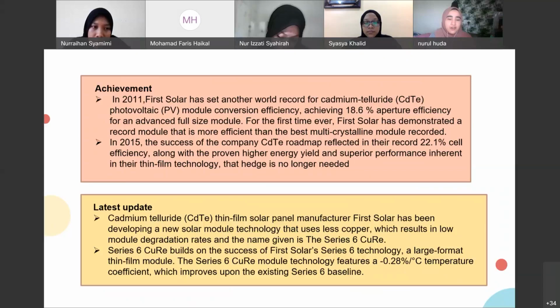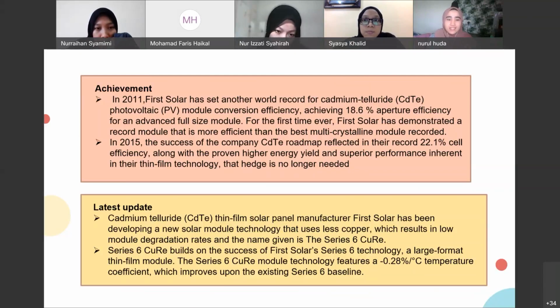For the latest update from First Solar: the cadmium telluride thin film solar panel manufacturer has been developing a new solar module technology that uses less copper, which results in lower module degradation rates. The name given is Series 6 CuRe.